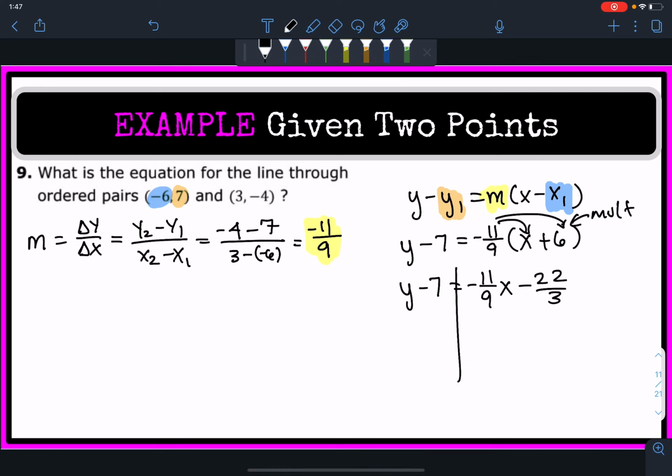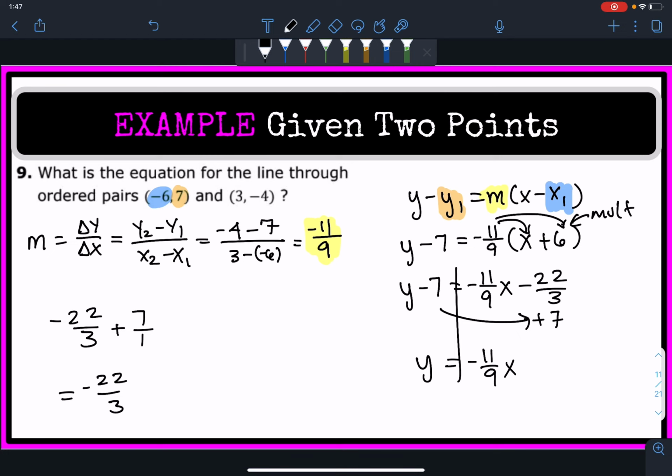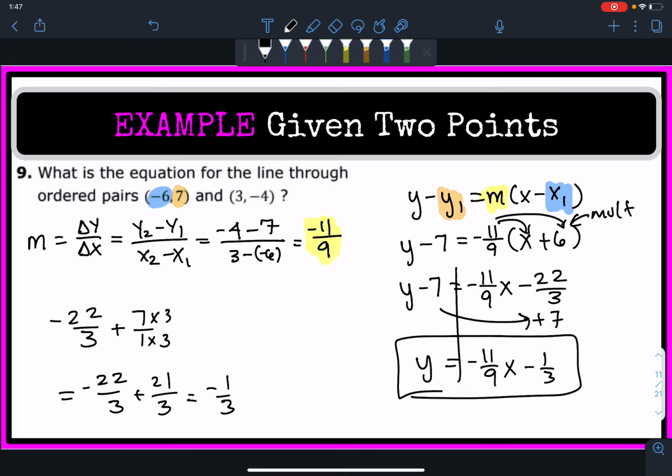Now moving the 7 to the other side, y is going to equal, so that's going to add the 7 there, -11 over 9x, and we have -22 over 3, and we're going to add 7 over 1. So we need to have like terms. To end up with like terms, I need to multiply the top and the bottom number on this fraction by 3. So now that the denominators are the same, we're going to end up with -1/3. And there is the equation to our last example.